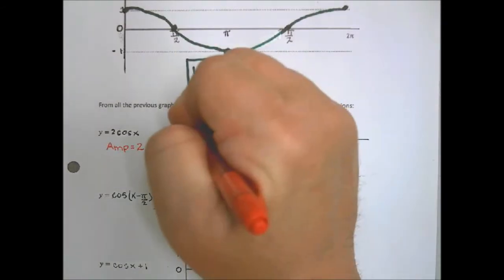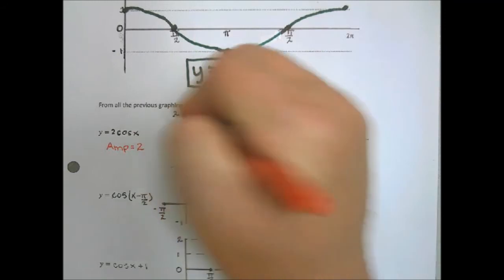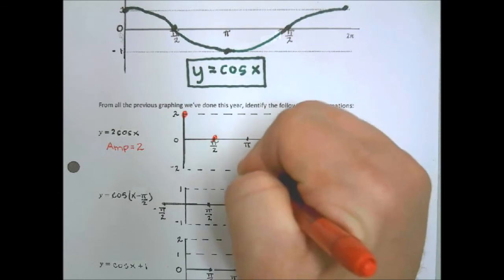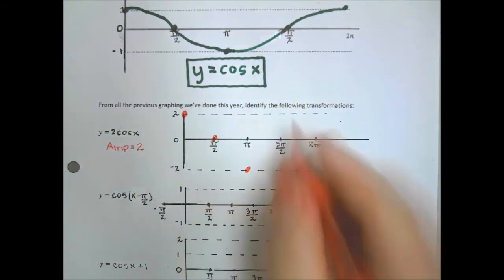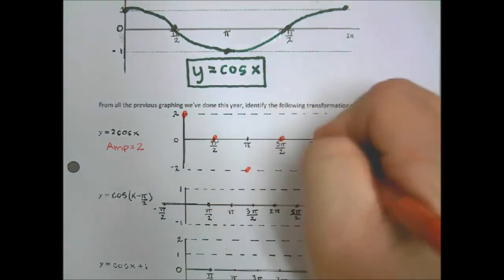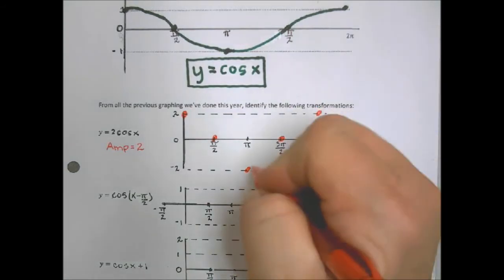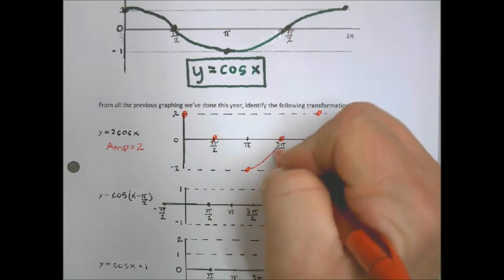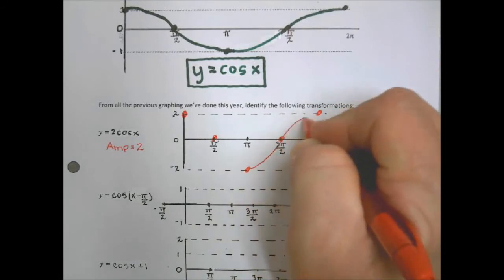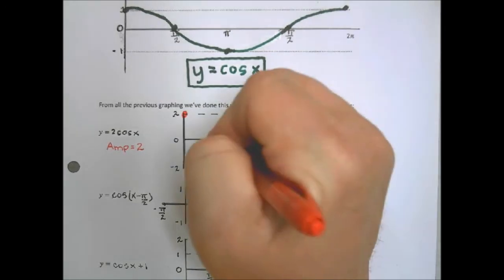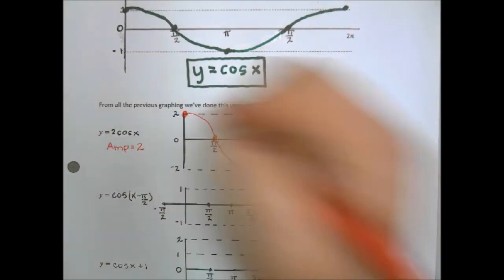So the graph is going to begin right there. It's going to go through here. Then it's going to go right there to negative 2. Then it's going to come back to 0. Then it's going to go back to 2 again. So, graphing that graph, is going to look something like that.